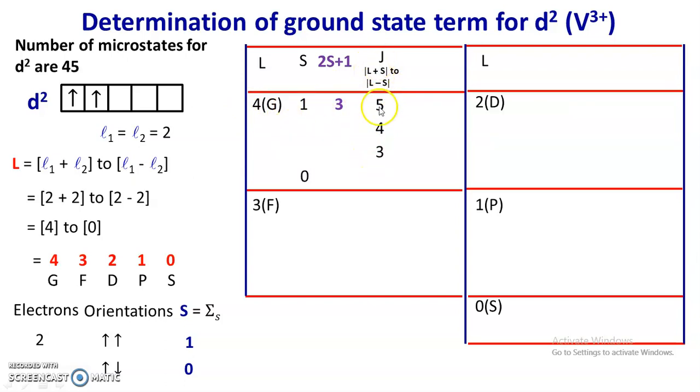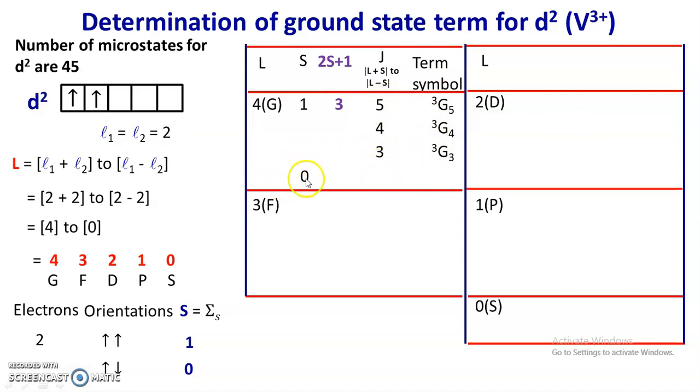So the value of J ranges from 5 to 3, and each J value differs from its neighboring value by 1. So the possible J values are 5, 4, 3, and the corresponding term symbols are 3G5, 3G4, 3G3. Here 3 is the multiplicity, and 5, 4, 3 are the J values.